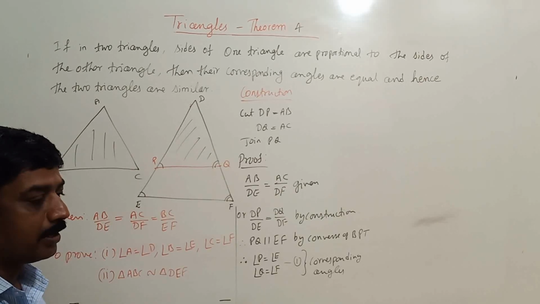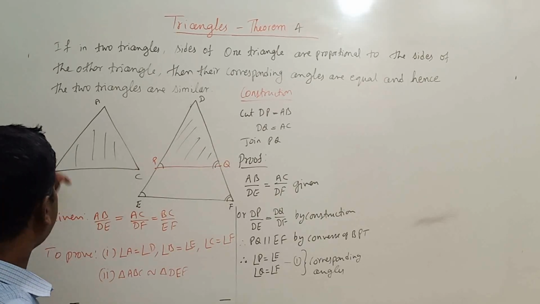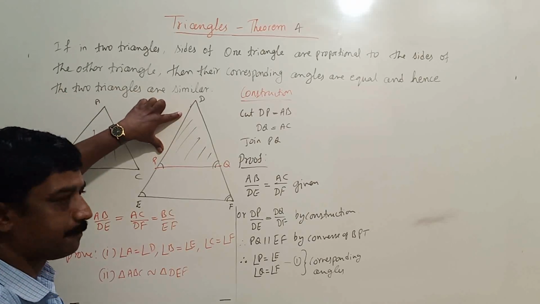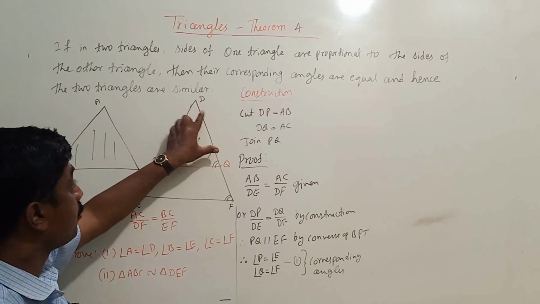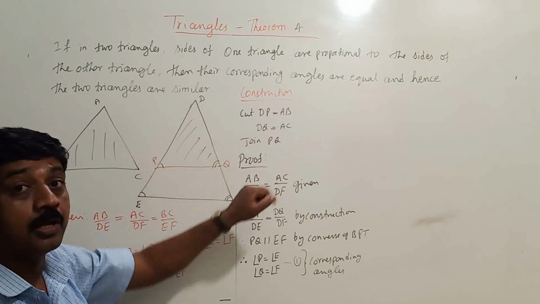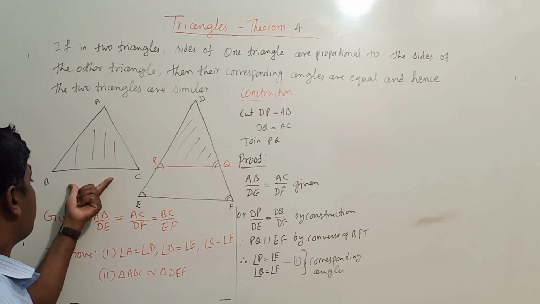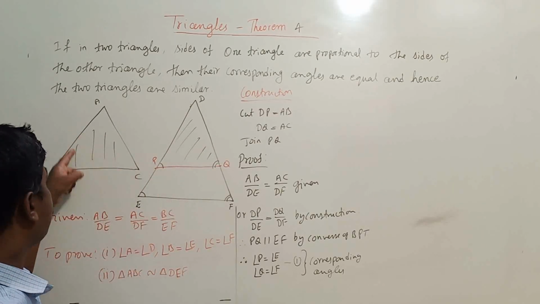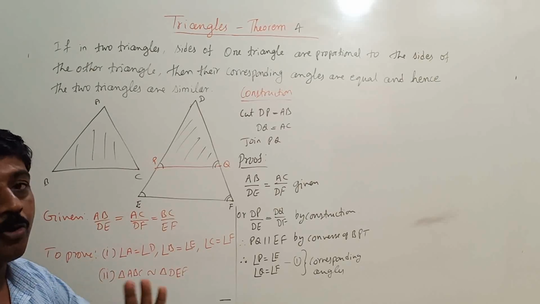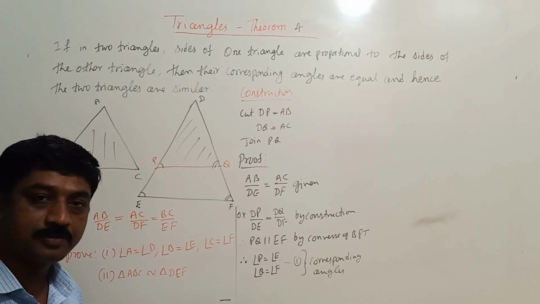We can prove it by SSS. How? AB is equal to DP by construction. AC is equal to DQ by construction. We need to prove that BC is equal to what? PQ. If you prove by SSS, these two triangles are congruent, then problem is solved.